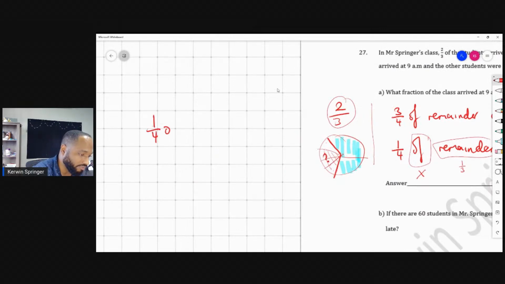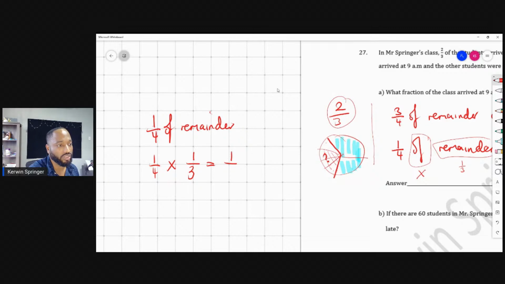The remainder is not 2/3. 2/3 was the blue that came early. 1/3 is the remainder. And we realize that 1/4 is what came late, because 3/4 of the remainder came on time. So the remaining quarter came late. So this really works out to be 1/4 of 1/3, which is... I'm not seeing any correct answers in the chat. Oh, that's because the bunch of Ys kind of threw it off.